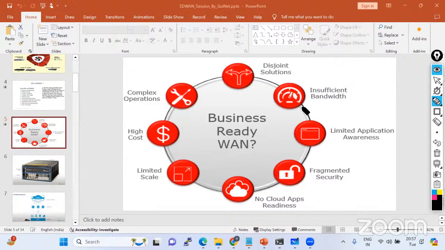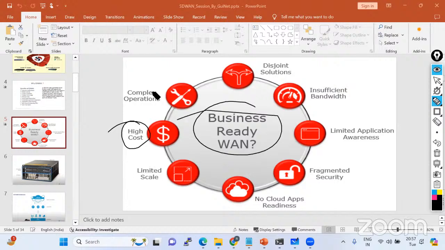So companies do not try to use internet circuits to connect all their branches as a primary connection. They use them as a backup, but the primary is always MPLS, which is high cost. So this is the one problem with the legacy WAN, the business-ready WAN.